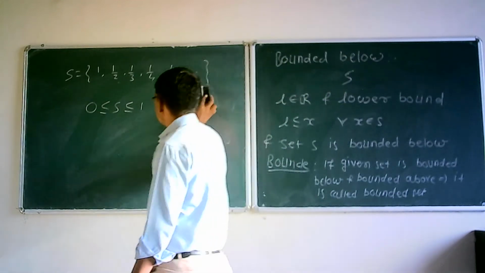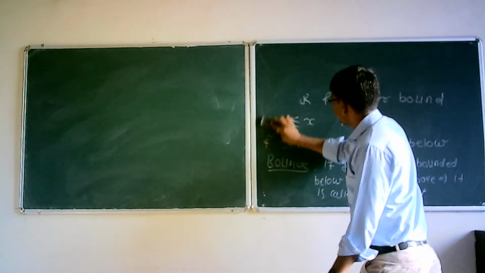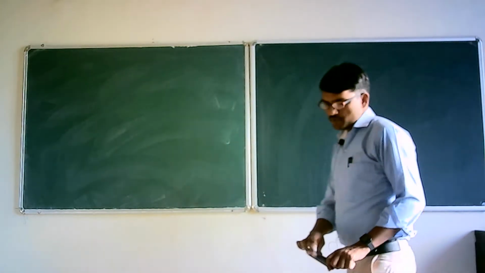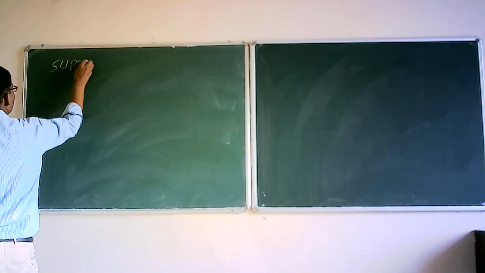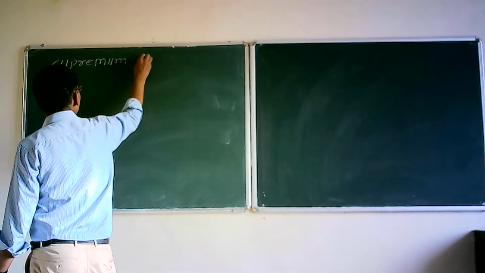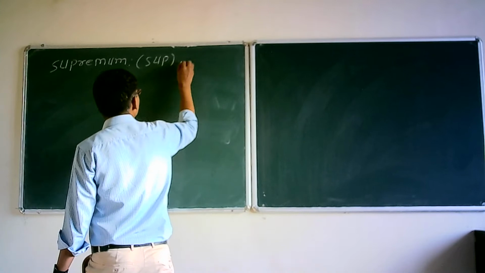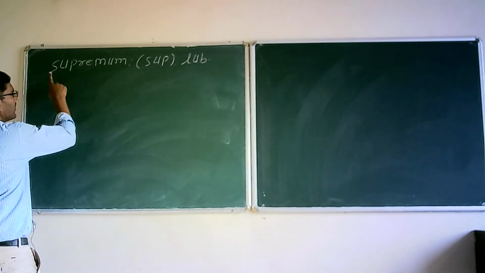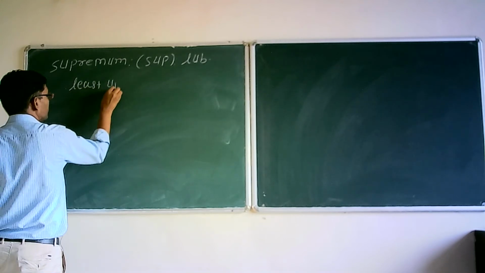Now the next definition is supremum. It is also denoted by SUP, or it is also called the least upper bound. So it has two names.